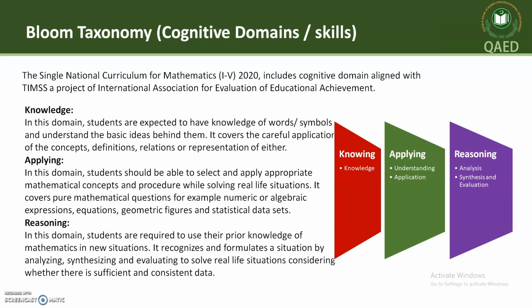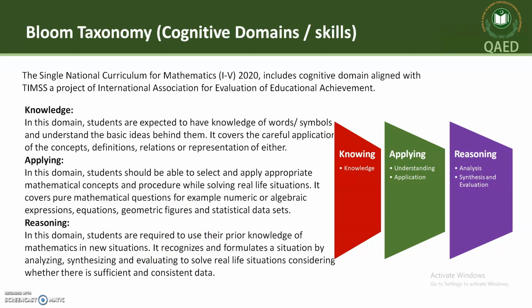Now we read about the cognitive domains and how we apply them in our SLOs. There are three main cognitive domains. The first is knowing, which is knowledge of concepts.